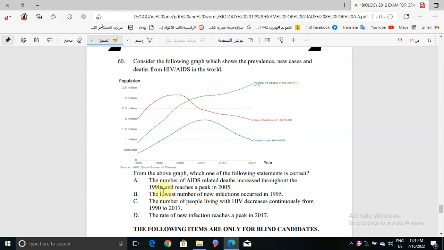Yes, this one is the correct one. Why? Because if you can see here, it was 1990, and also the deaths from HIV/AIDS were high in 2005. So this is the correct statement for question number 60.